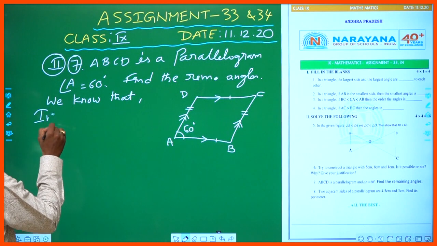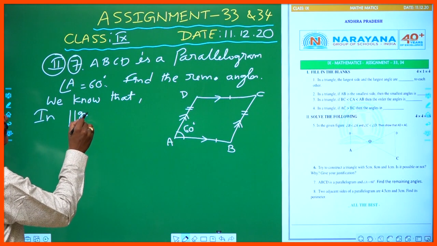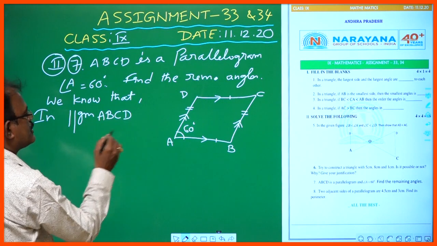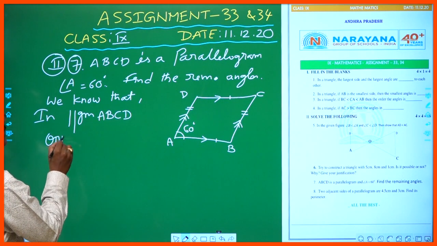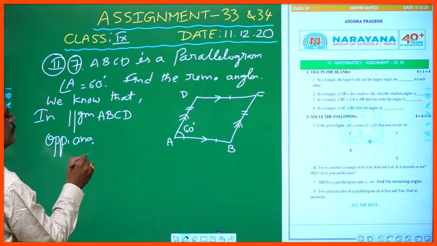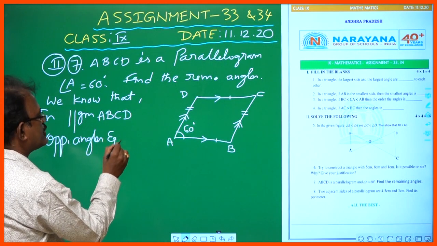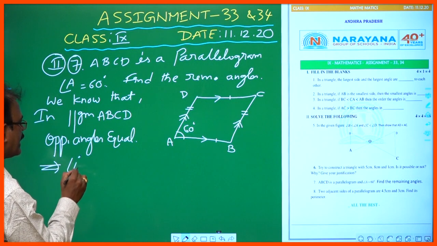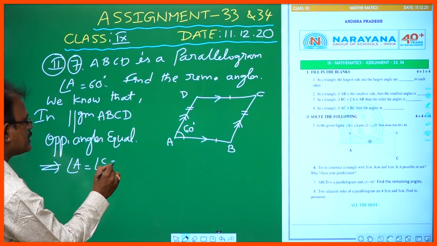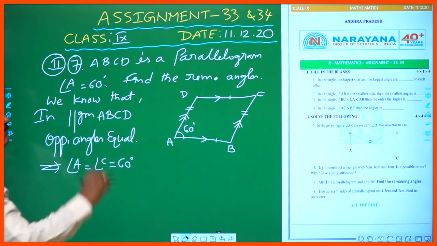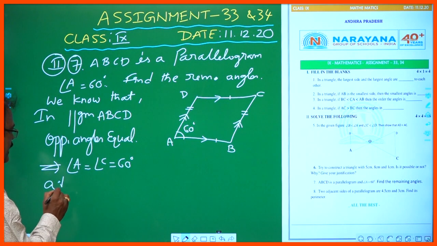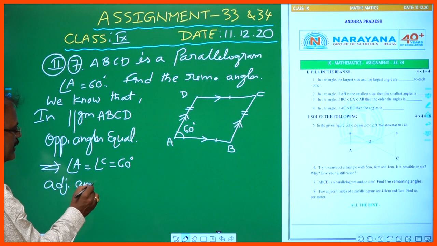This is the symbol for parallelogram, children. In parallelogram ABCD, opposite angles are equal. So from that we can say angle A is equal to angle C is equal to 60 degrees.